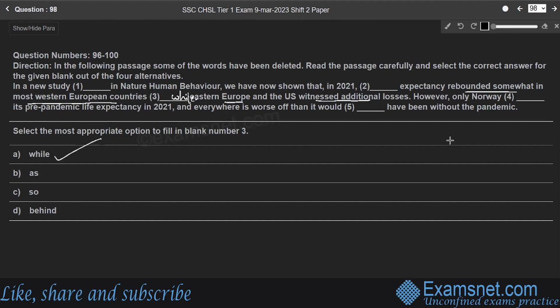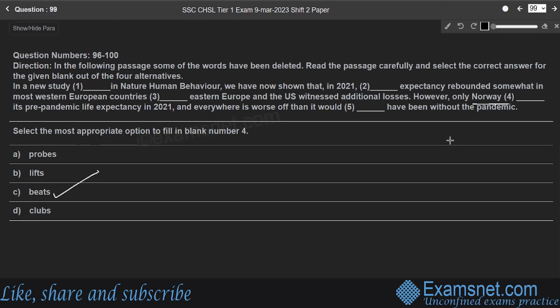Moving on to the next question, question number 99. However, only Norway blank its pre-pandemic life expectancy. Norway beats, so option C. The word beats accurately conveys the idea of surpassing or outperforming something in this case.